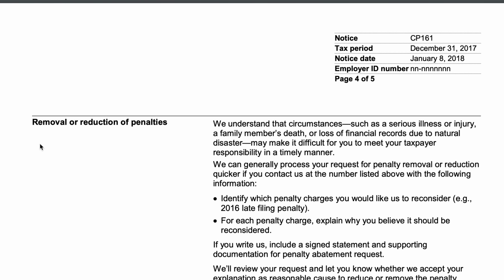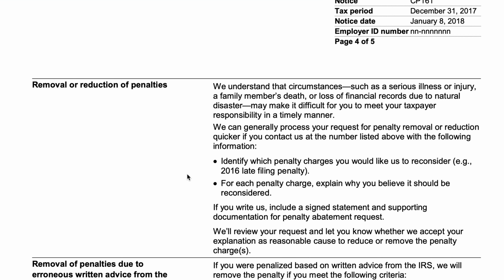You can request a removal or reduction of penalties. There's a couple of things that you may want to know. If this is your first time ever encountering tax issues, the IRS has what's known as a first-time abate program where you can request abatement simply because it's your first time. If it's not your first time, but you do have reasonable cause, then you can request an abatement based on reasonable cause.